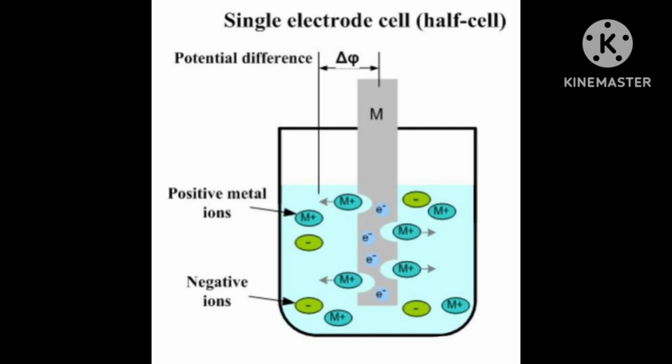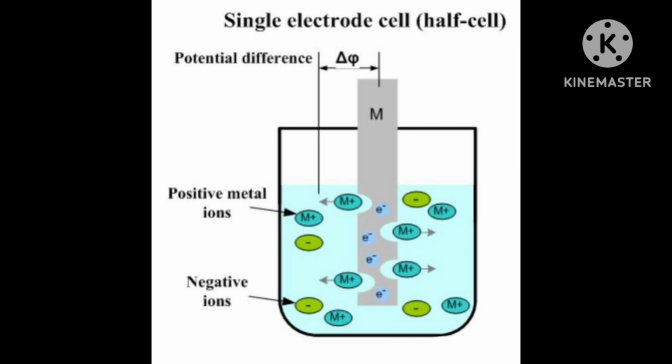Then near the anode, you should write the concentration of the electrolyte. And on the cathode side also, near the cathode, you should write the concentration of the electrolyte, because the metal will be dipped in the electrolyte.